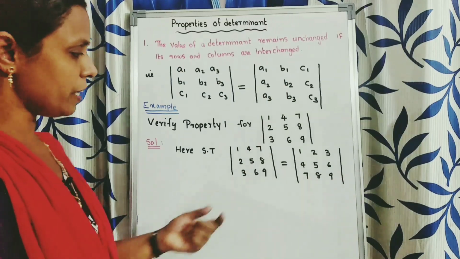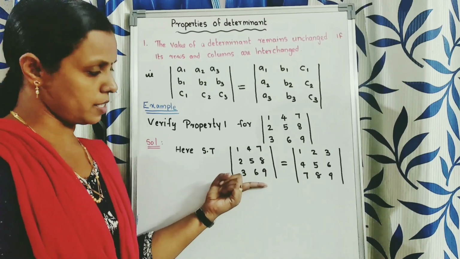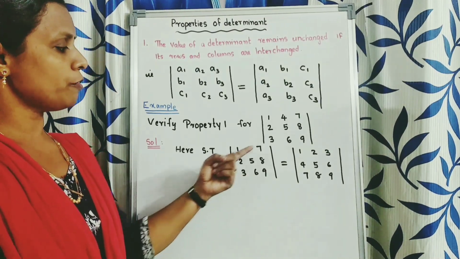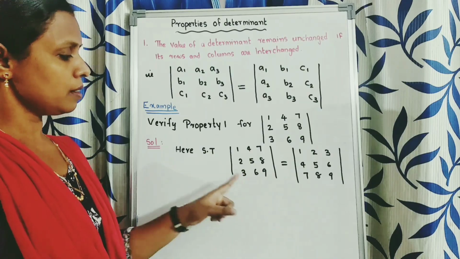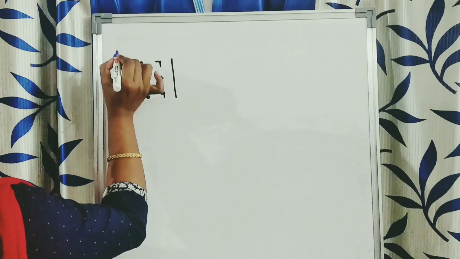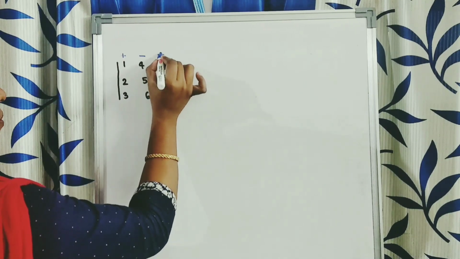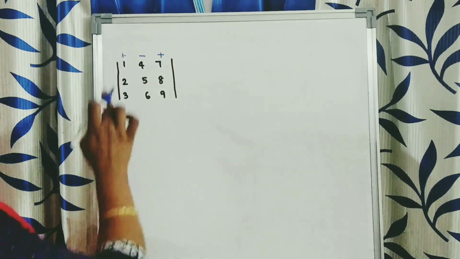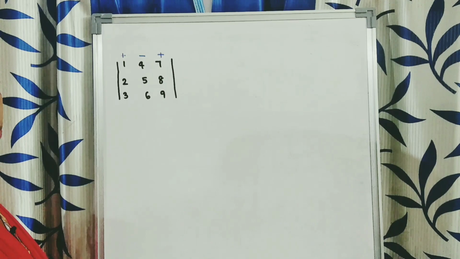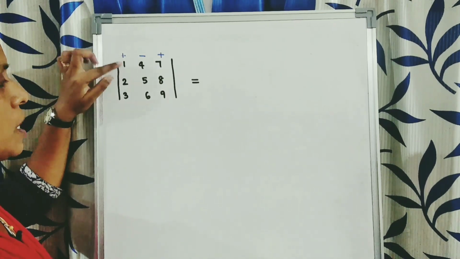For that, first we calculate the value of this determinant: 1, 4, 7, 2, 5, 8, 3, 6, 9. First we assign the signs positive, negative, positive. The first element is positive 1.